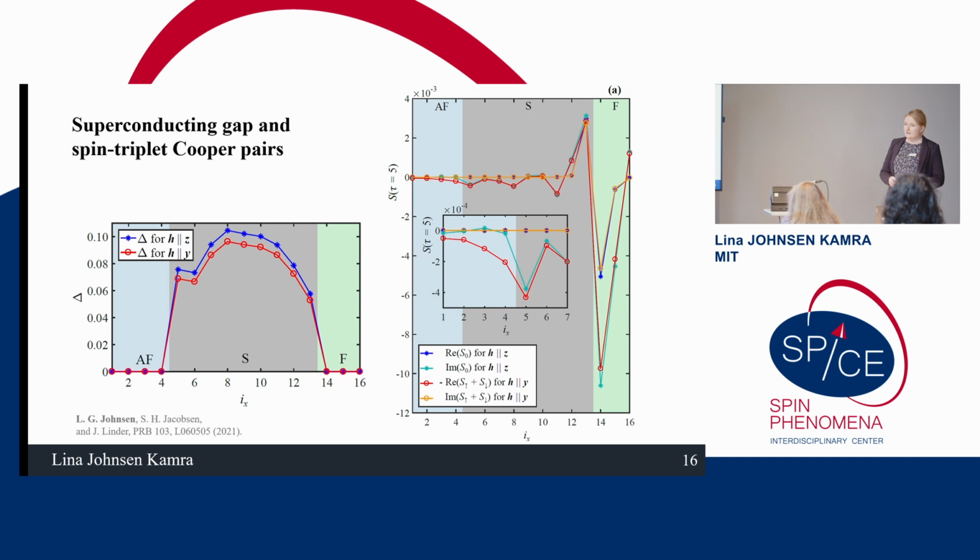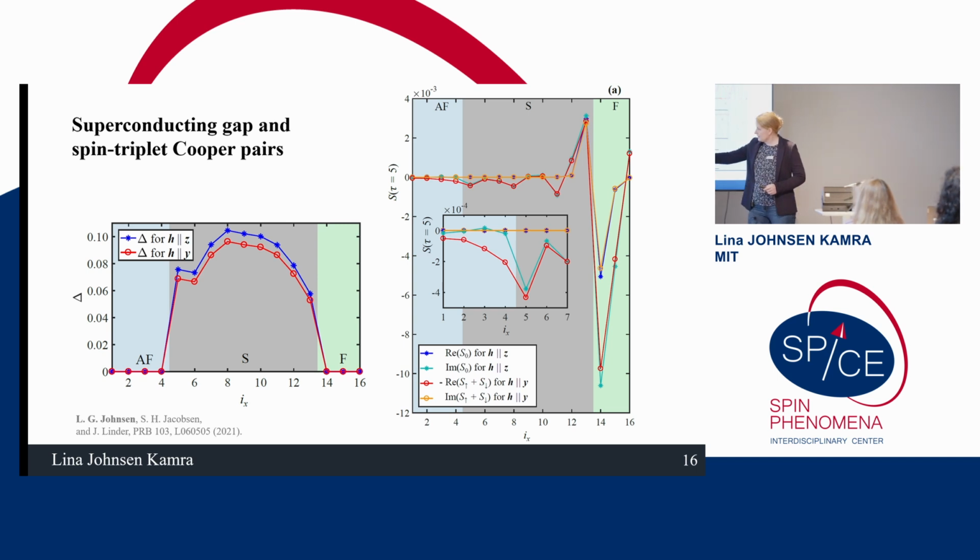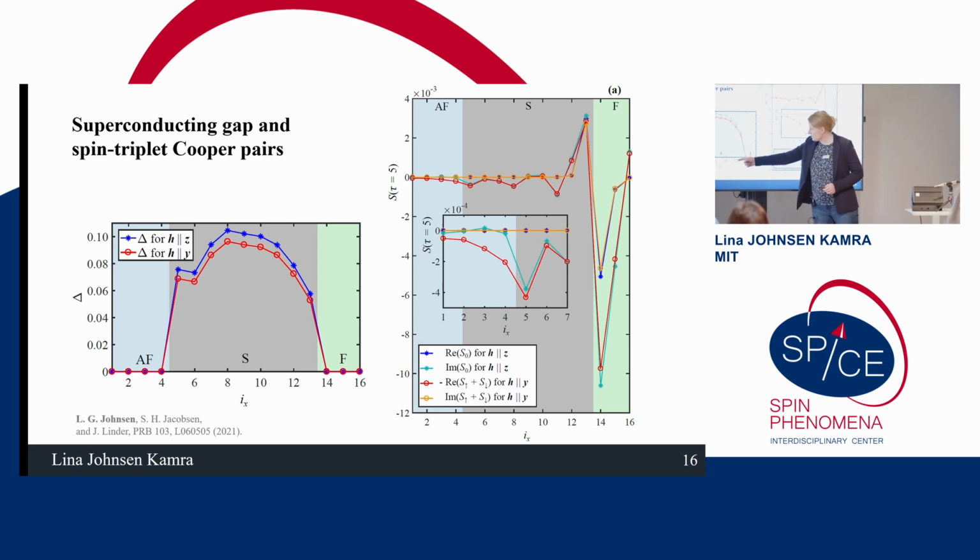Now let's zoom in a little bit on this triplet picture. We see here the superconducting gap as a function of the position. And we see that in the superconducting region, if we have parallel alignment, we have a suppression of the gap compared to perpendicular alignment.